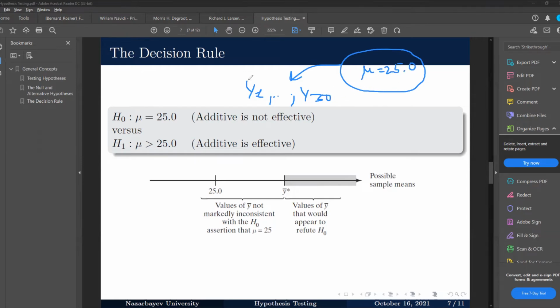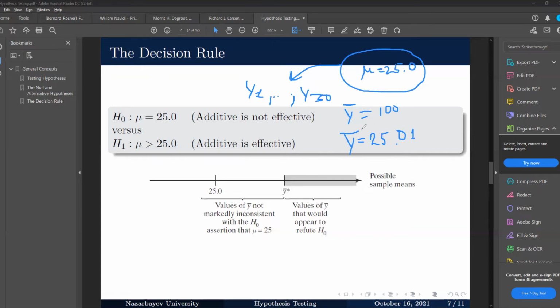And then our logical guess is that if y bar is too much greater than 25, let's say if y bar is equal to 100, this might strongly suggest that the new fuel additive is effective. Or if we got a value of y bar that is too close to 25, let's say 25.01, then it might suggest that the new fuel additive isn't effective, and the cars using it are the same as all the other cars.